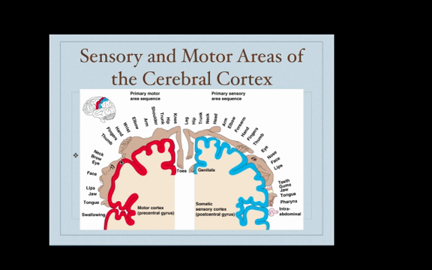And we can see based on this picture how much of each body region is controlled by the brain. So we can see that a large portion of the motor cortex is taken up with the face and the hands. So moving hands and face, you're going to have the most fine motor control. Similarly over here with hands and face, those take up a lot of the sensory area of the brain, so you're getting a lot of sensory input from those areas as well.